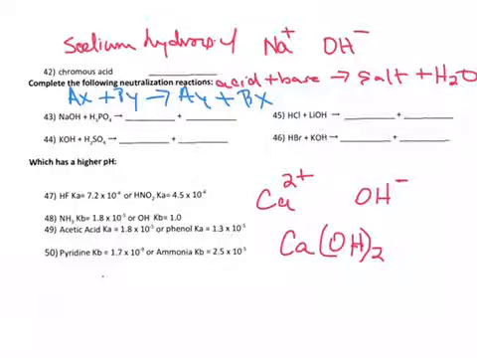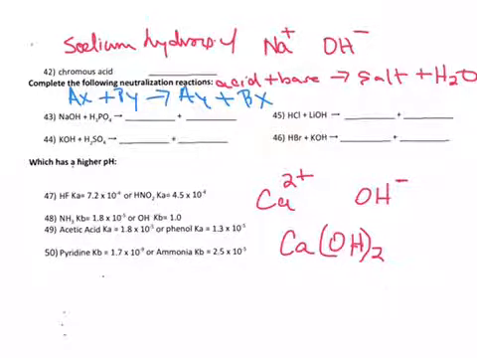Determining which has a higher pH. What would have a higher pH if we're looking at the concentration of hydrogen ions? What would need to be true if I'm comparing the two? I'm comparing the hydrogen ions of two substances.